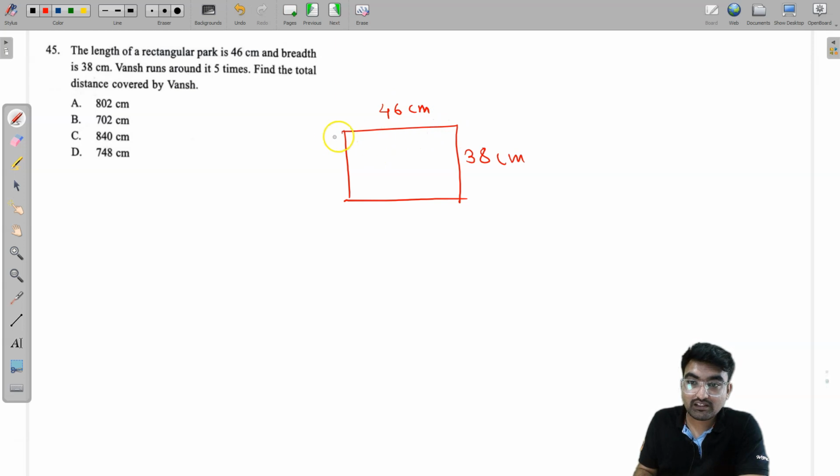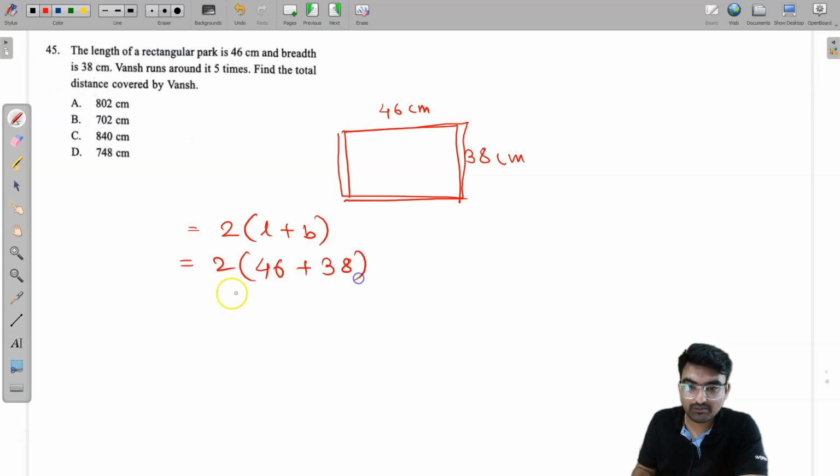Now he runs around 5 times, right? That means we have to calculate the perimeter of the park first. So for perimeter, the formula is 2 into length plus breadth, correct? So in this case, length is 46 centimeter and breadth is 38 centimeter, correct?